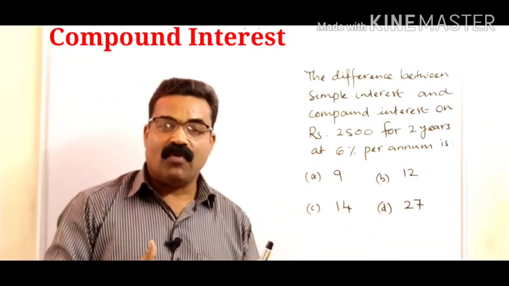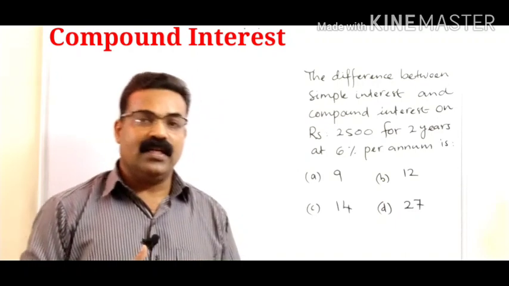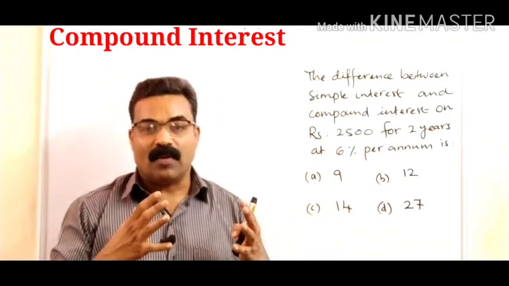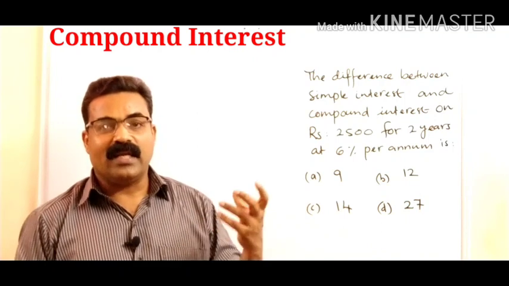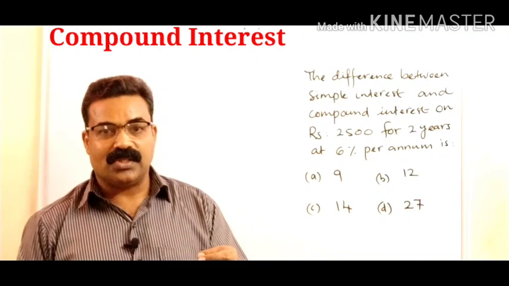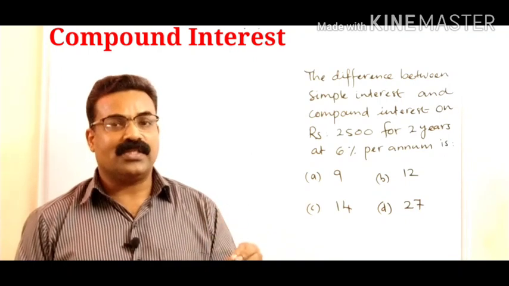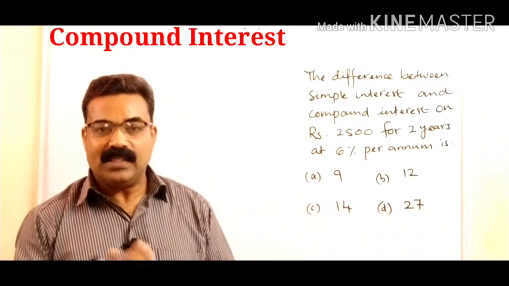So here we have seen what is the formula for compound interest. In our previous video we have seen the topic simple interest and its formula. So I am just taking the simple interest formula. If you have not watched that video, kindly search for the simple interest topic and watch that, then come back to this topic. Then it will be easy for you.